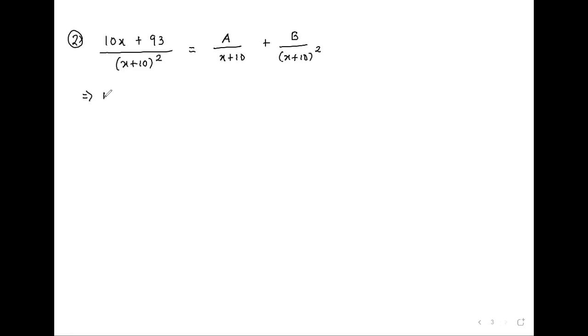We go on and say, oh, so this is 10x plus 93 is equal to A(x plus 10) plus B. So remember, when you want to get rid of the denominators here, you always multiply by the common denominator, which is (x plus 10) squared.